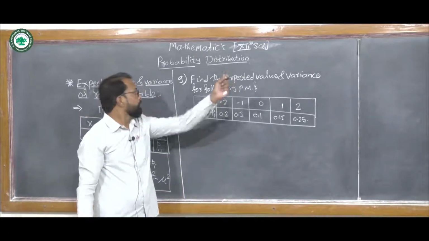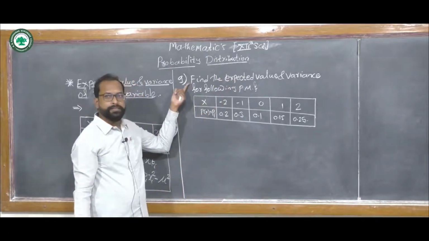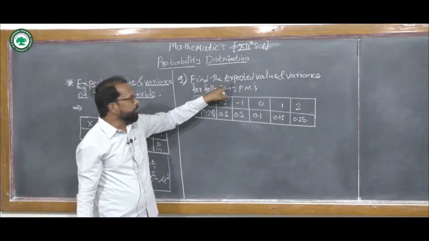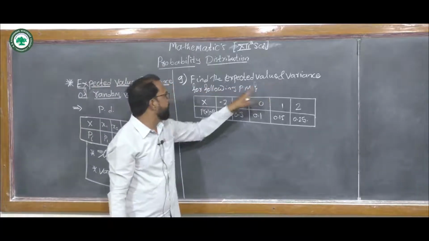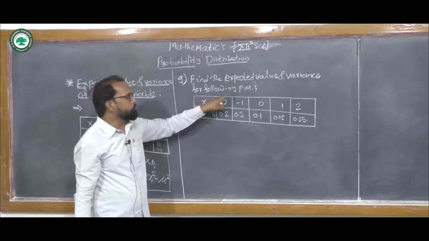Now see problem number 9 from exercise 7.1. Find the expected value and variance for the following PMF.